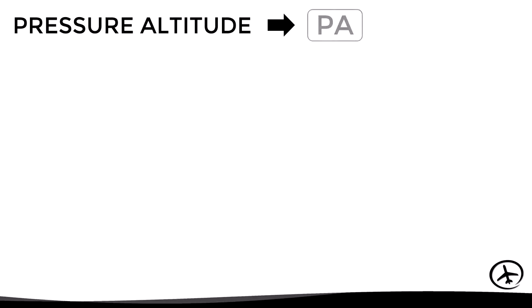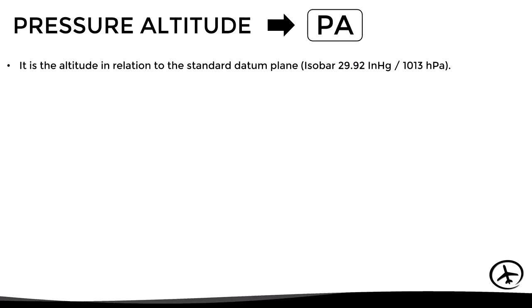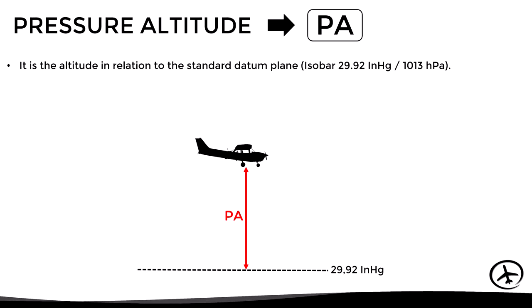It is abbreviated as PA and corresponds to the altitude of the aircraft in relation to the standard isobar of 2992 inches of mercury or 1013 hectopascals, which, as we recall from previous videos, corresponds to the pressure at sea level under standard conditions.